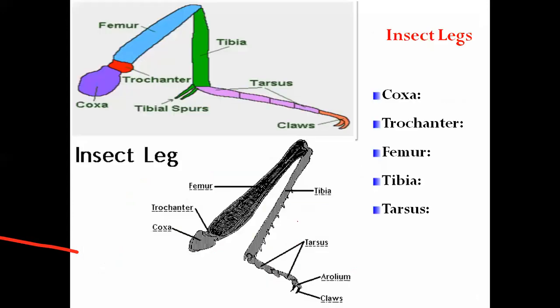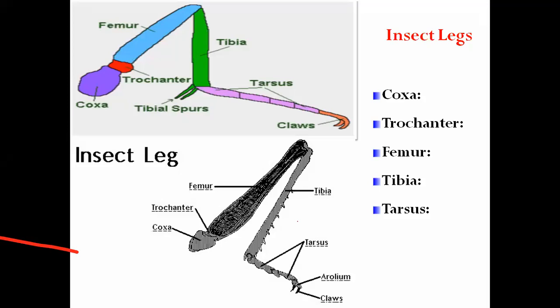Okay, now our next important topic, same as we learned for the antenna, is insect legs. This insect legs topic is also important, same like insect antenna, and it has a similar structure to what we learned. So, insect legs.